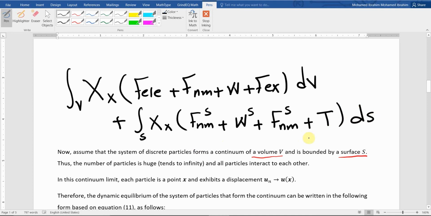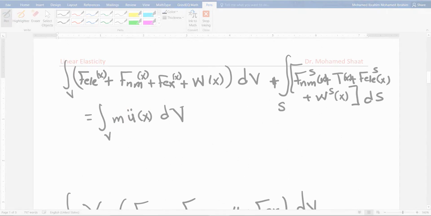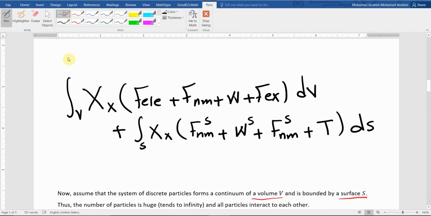Here we're gonna do integration over the surface. Make sense?